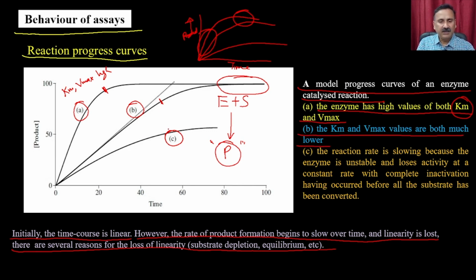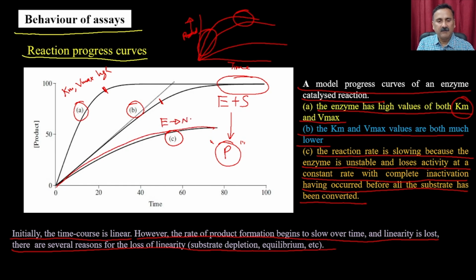And curve C is the reaction where the reaction rate is slowing because the enzyme is unstable and it loses activity at a constant rate, with complete inactivation having occurred before all the substrate has been converted. So this is the reaction where you are expecting an enzyme which is not very stable.